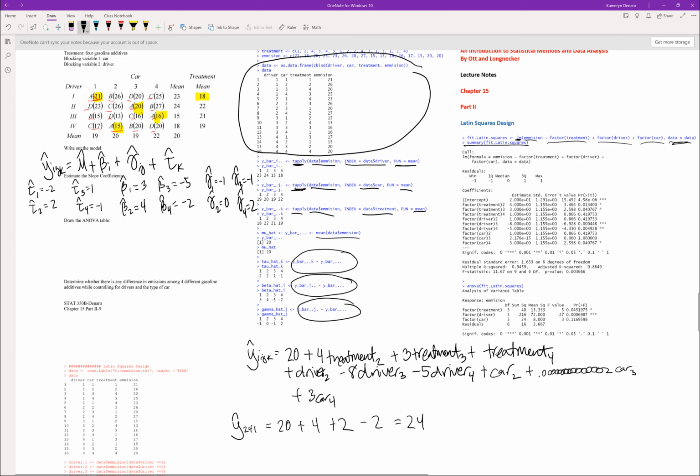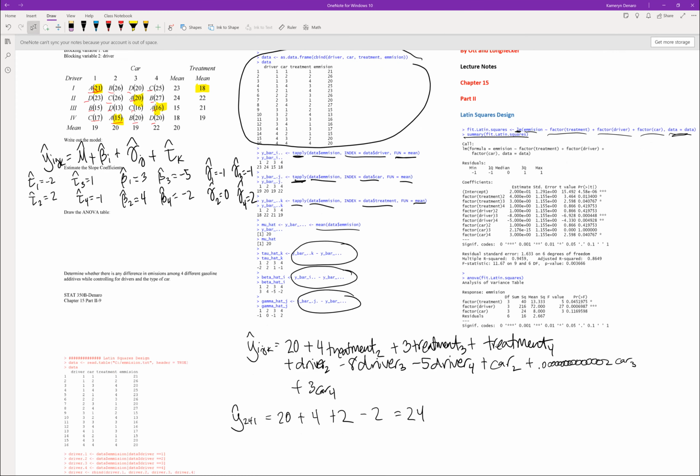Okay, now let's use this regression equation that we have up here. Y hat 2, 4, 1 is equal to 20. We said treatment 1, so that means treatment 2 equals 0, treatment 3 equals 0, treatment 4 equals 0. We had said driver 2, so we say plus 1 times 1 is 1.